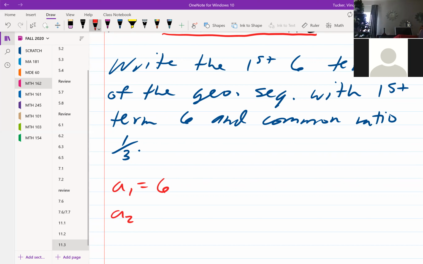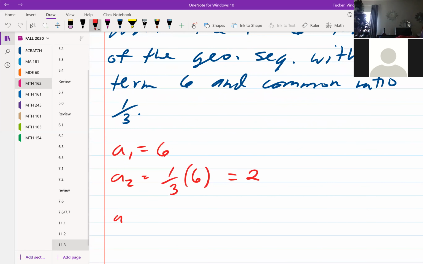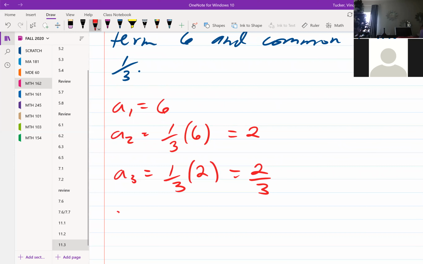So our second term is going to be 1/3 times 6, which is 2. And 1/3 times 2, which is 2/3. 1/3 times 2/3, which is 2/9.